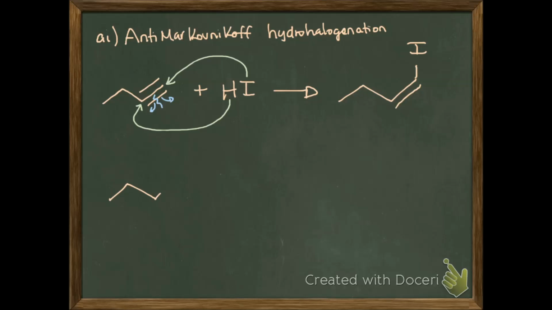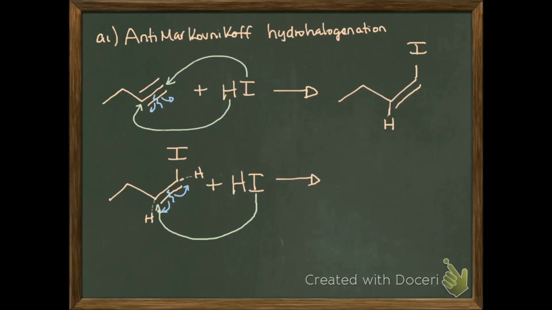In the second step, I will start with the alkene, another HI molecule. Here we're going to break the double bond. This electron goes here, this one goes here. Here, as it is anti-Markovnikov, the other atom of iodine will go to the opposite carbon, and the hydrogen will come here.